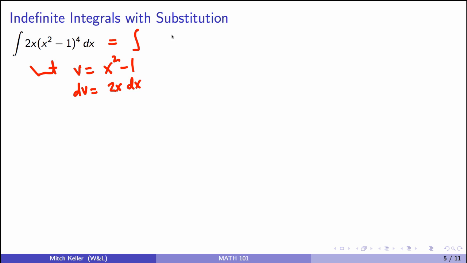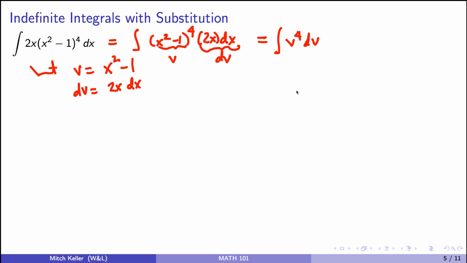So we might even rearrange this first. And so I'm looking here, and I'm seeing that this part is just my differential dv, and this part in the parentheses is what I'm calling v. So I can rewrite this and say, well, this is v to the fourth dv.